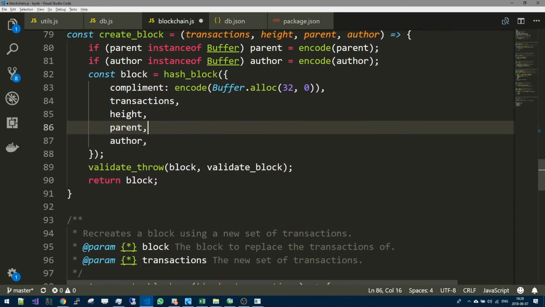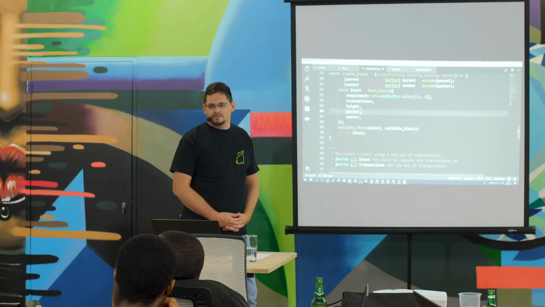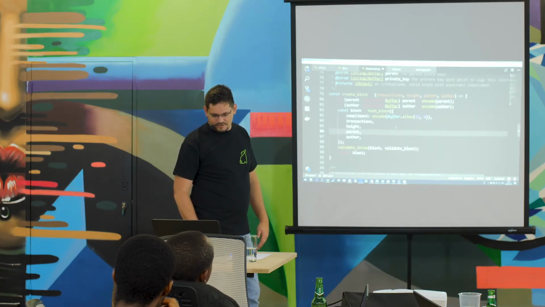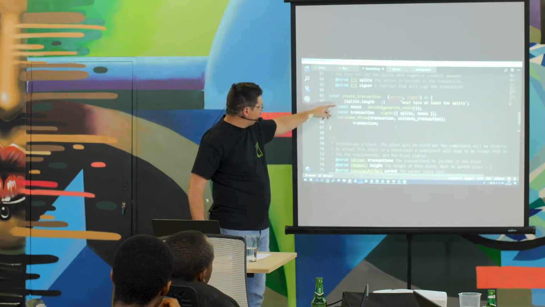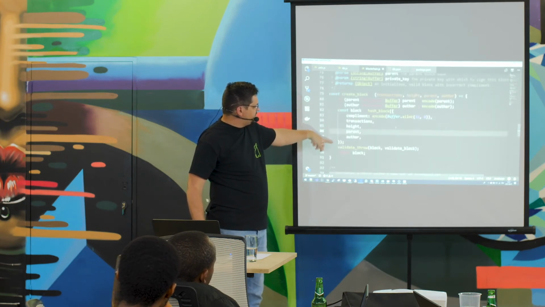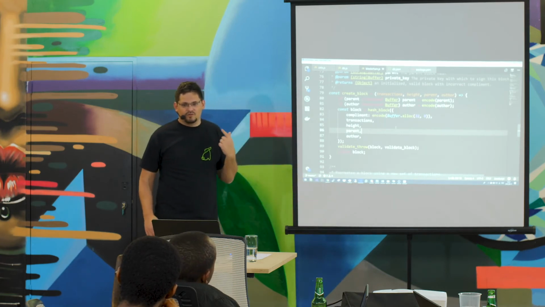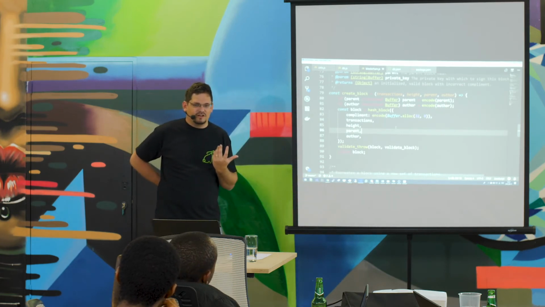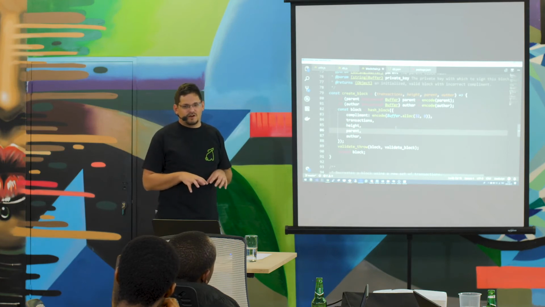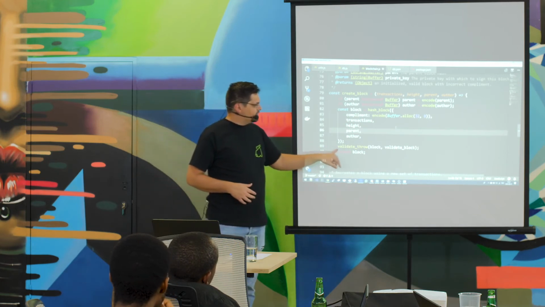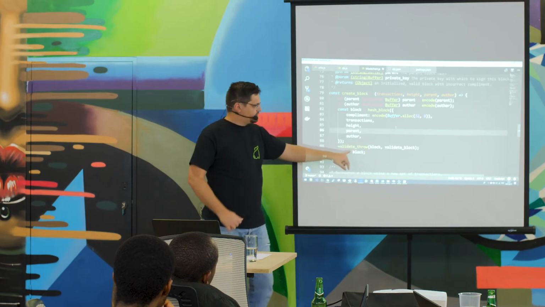So, question, yes? Validate flow. Oh, so in this method and this method, just to make double sure that we don't accidentally put an invalid block on the network, we find the solution to a block only to find that due to human error it's invalid. We validate the block and throw.